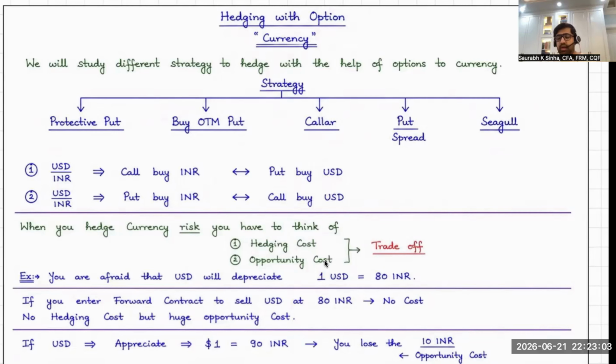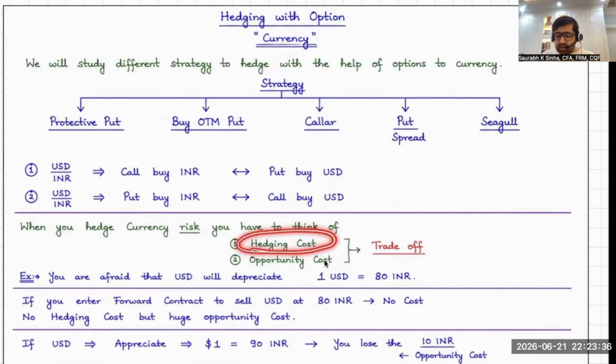Now we are not here to study options. We are here to study how we can hedge our currency risk with the help of options. Whenever you try to hedge any risk, whether it is the risk of stock, bond, interest rate, currency, or inflation, you have to think of two things.